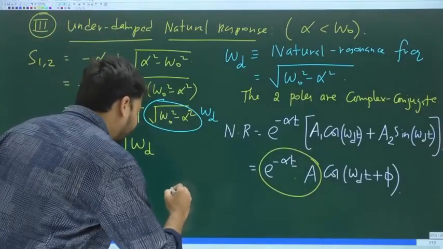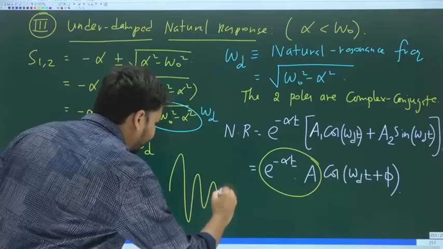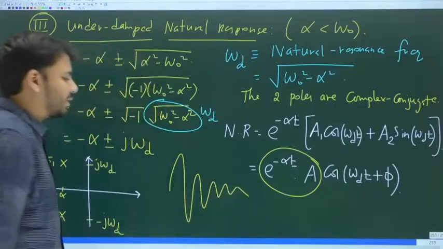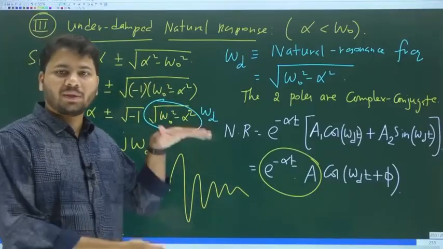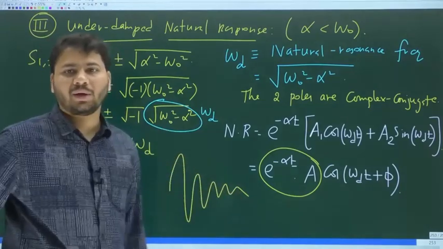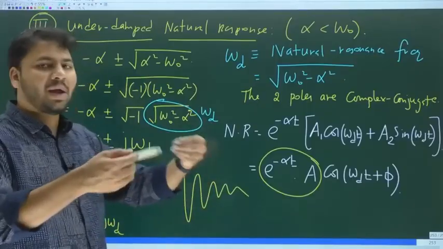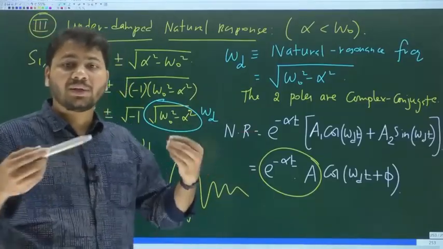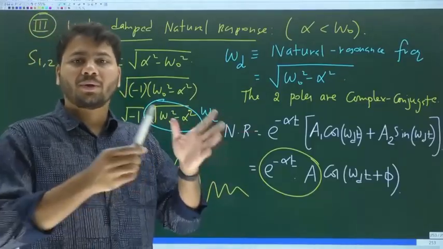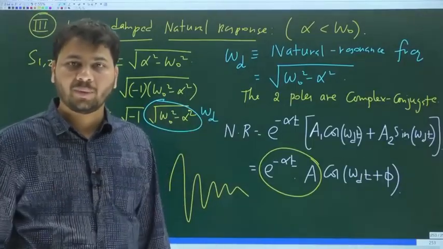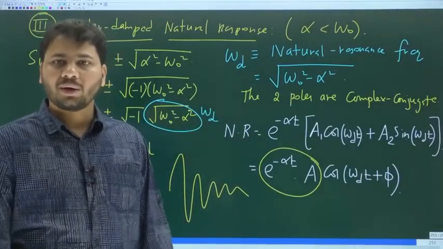So the transient or the natural response will be something like this, where you can see the amplitude continuously decays with time. After a long time, the amplitude will decay to 0. Then the natural response will die out, or the transient response will die out, so that only the steady state response will remain at t equal to infinity.